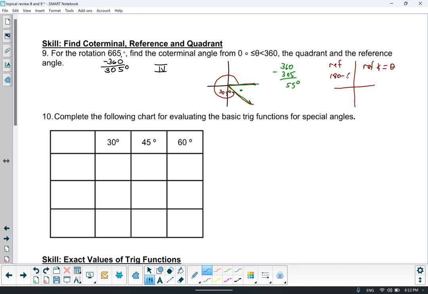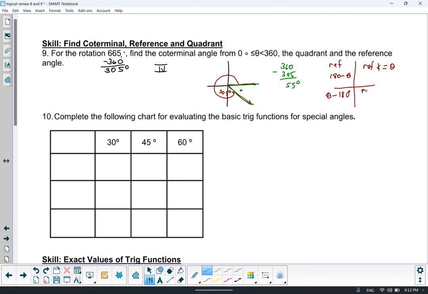I did have a mistake. So if you have 120 degrees, the reference angle would be 180 minus 120, or 60. When you're in quadrant 3, it's the angle minus 180. So if it was 210 degrees, the reference angle would be 210 minus 180, or 30.